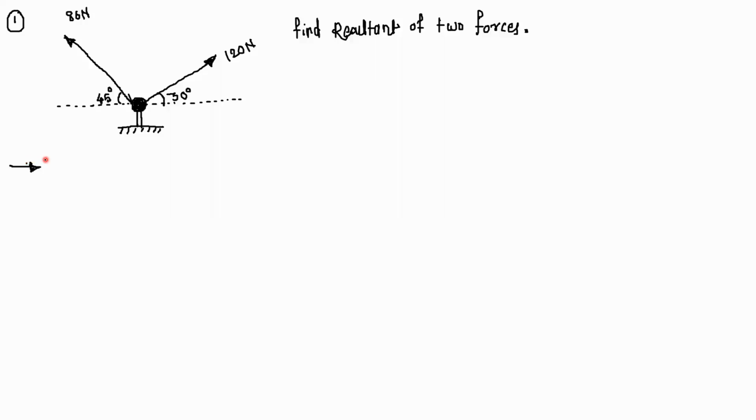So when you use the law of parallelogram for the concurrent force system having two forces, we need to draw a parallelogram passing through this 120 and this 80 Newton. So I will draw the figure. This is the point where this 120 and 80 Newton are acting.